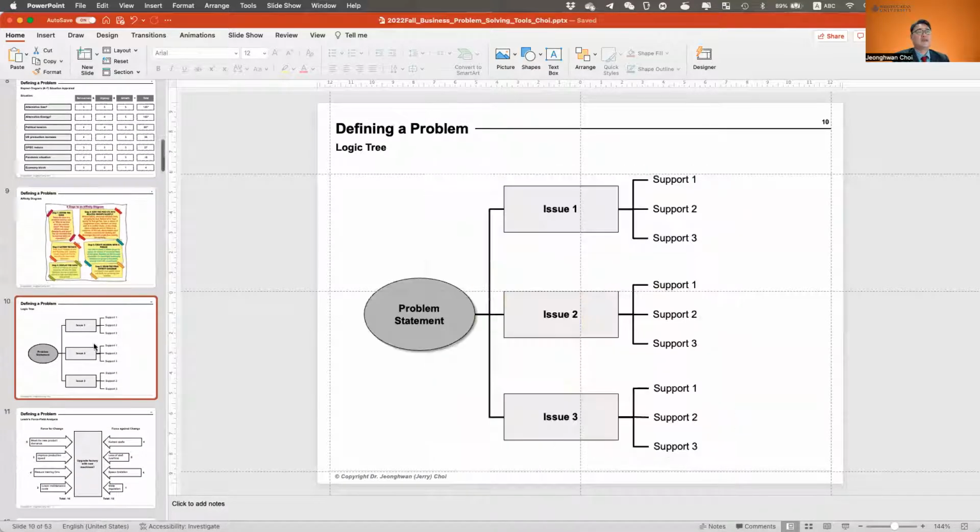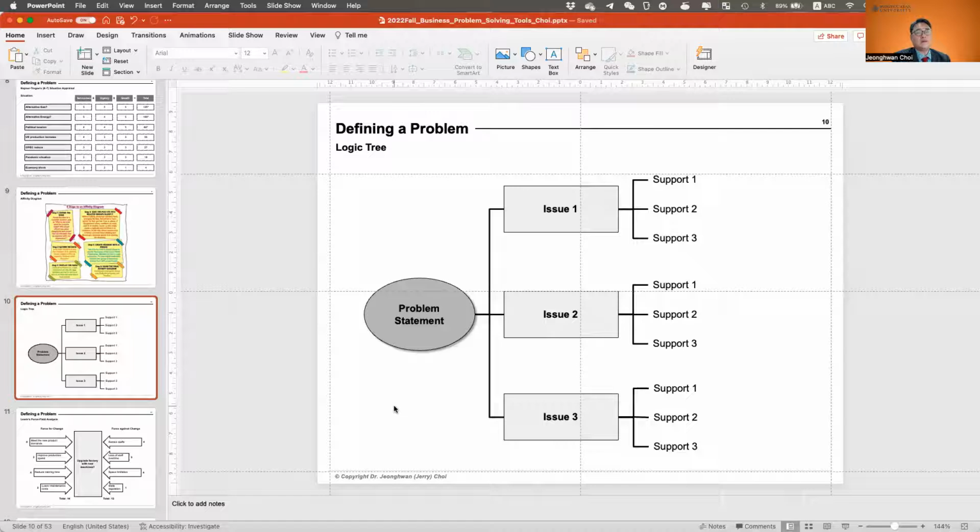Absolutely the most popular problem-defining tool is Barbara Minto's logic tree. Barbara Minto, the McKinsey consultant and teacher of McKinsey problem solvers, proposed this logic tree tool to train McKinsey business problem solvers around 40 years ago.